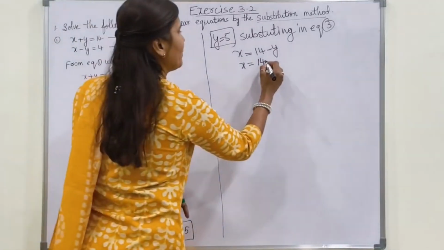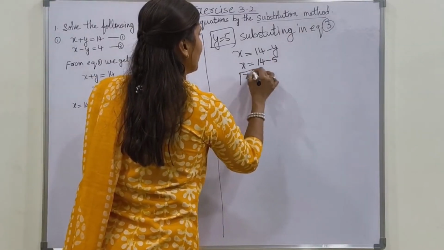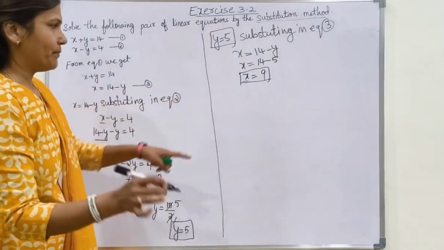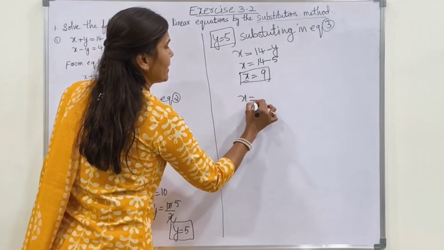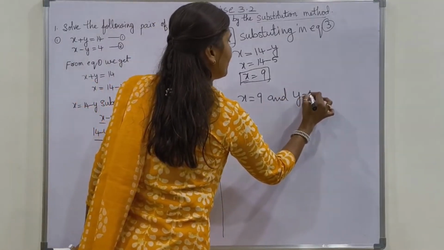The y value is 5, so 14 minus 5, x is equal to 9. So the y value is 5 and the x value is 9. Now you write x is equal to 9 and y is equal to 5.